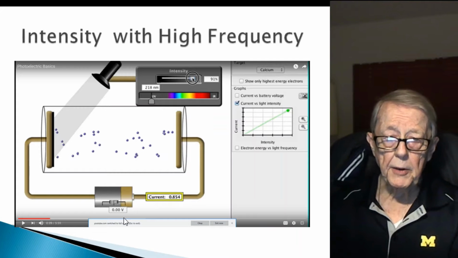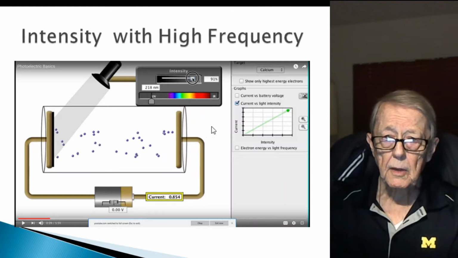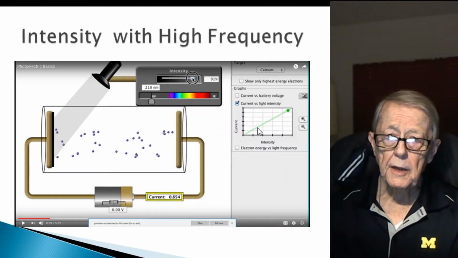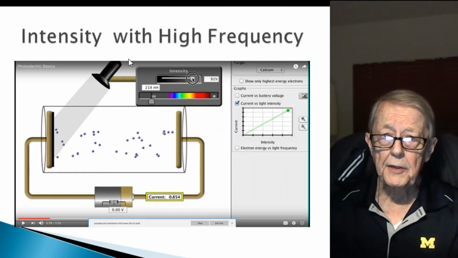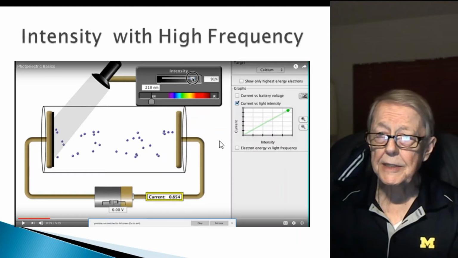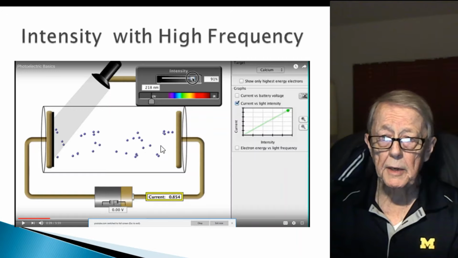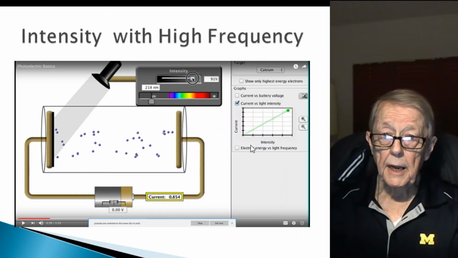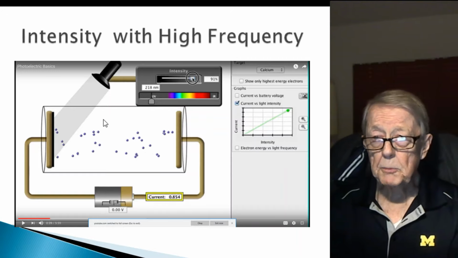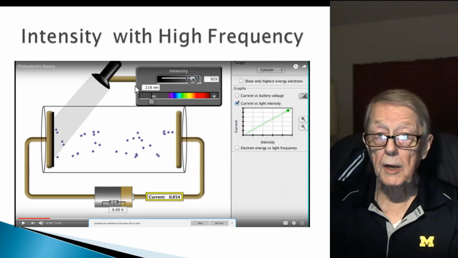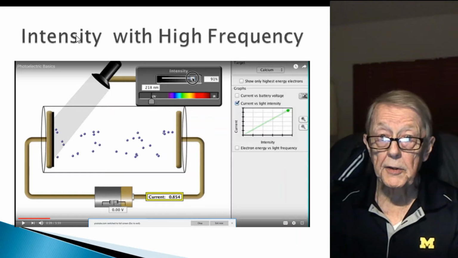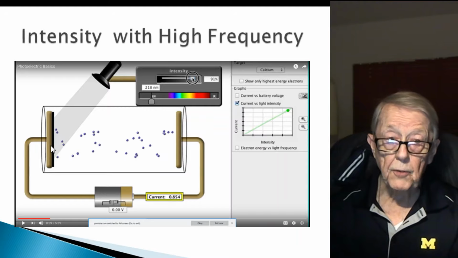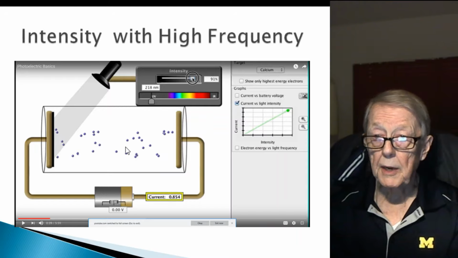They have the battery sitting there at 0 volts, and they're just showing that, yes, the intensity of this light increases the number of emitted electrons, and the intensity itself is based on the number of photons being generated. A higher intensity, more photons generated, more electrons.